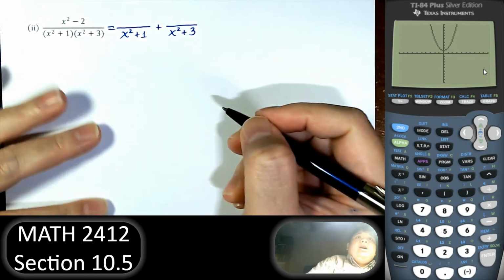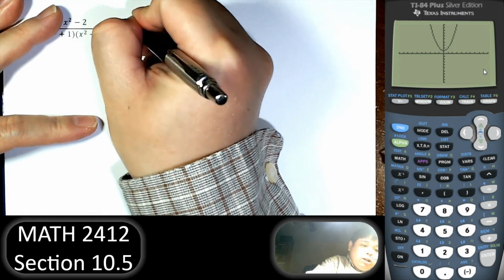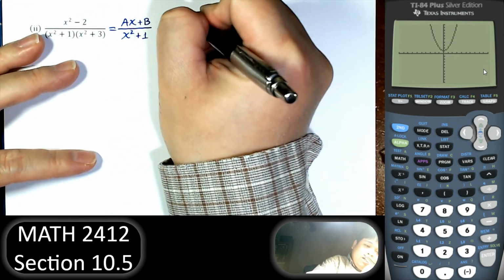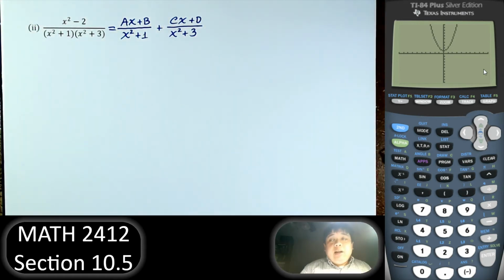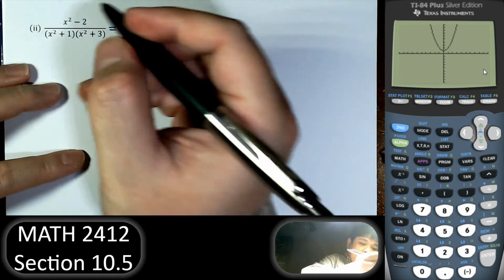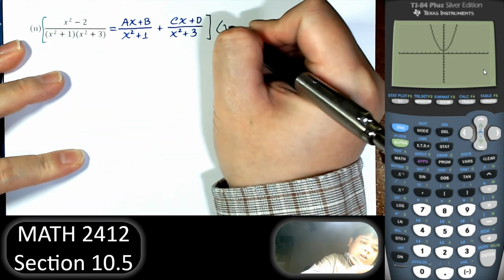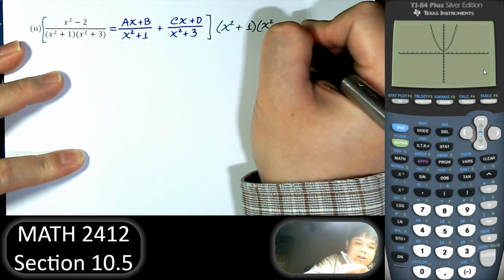On the top, the degree will have to be 1 less than the bottom. So we can put a linear function here, ax plus b, and cx plus d. Right. And then we just multiply everything out by x squared plus 1, x squared plus 3.